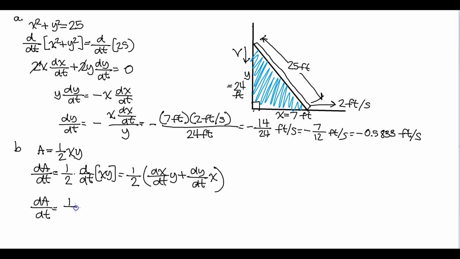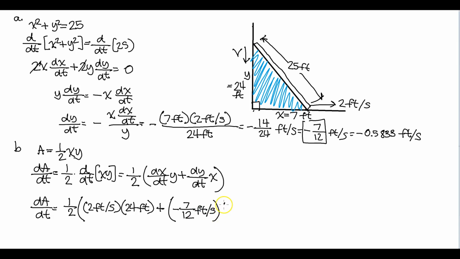So you have 1/2 times dx/dt, which we know is 2 feet per second, times y, 24 feet, plus dy/dt is negative. I'm going to use this fractional version since it's exact: negative 7 over 12 feet per second times x, 7 feet.